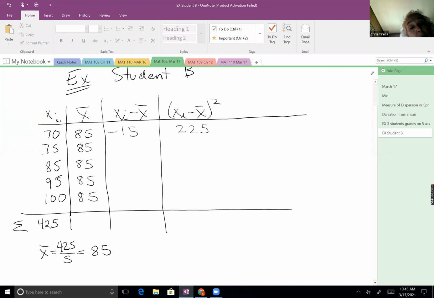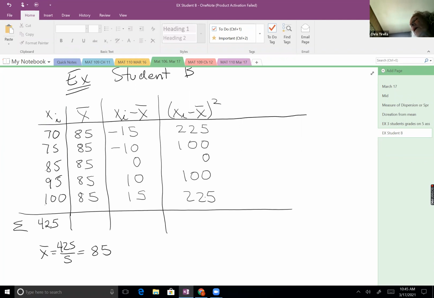So going across, 75 minus 85 is negative 10, squared is 100. 85 minus 85 is 0, squared is 0. 95 minus 85 is 10, squared is 100. 100 minus 85 is 15, squared is 225.